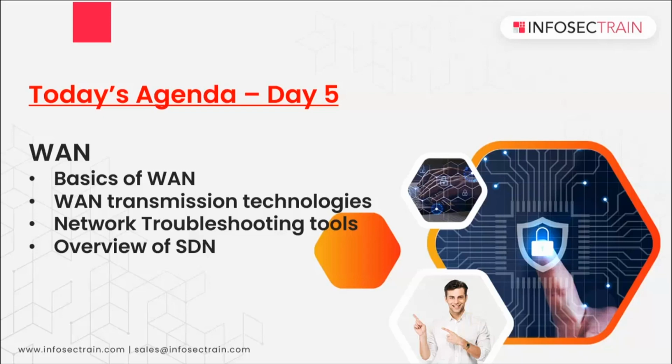So as for the purpose of WAN, if it did not exist, organizations would be isolated to restricted areas and specific geographical regions, right? That is what would happen if WANs were not there.